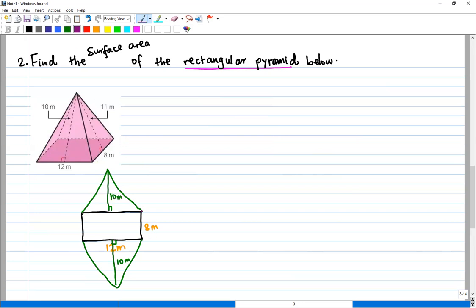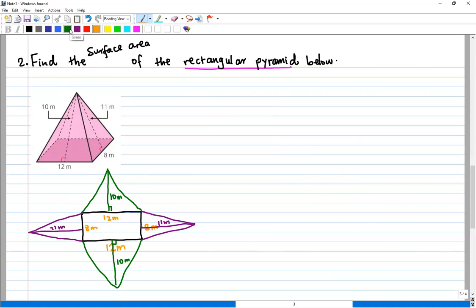Then we have this triangle that is equal to this triangle. The slant height on this side is 11 meters, and here 11 meters. Okay, so don't forget that here is 8 meters and here is 12 meters.